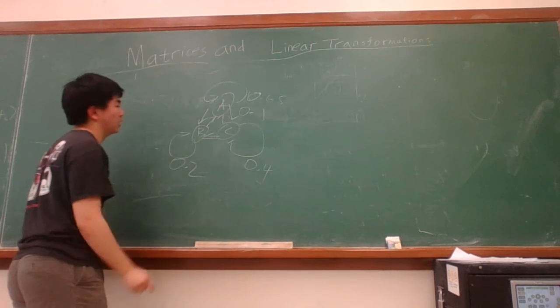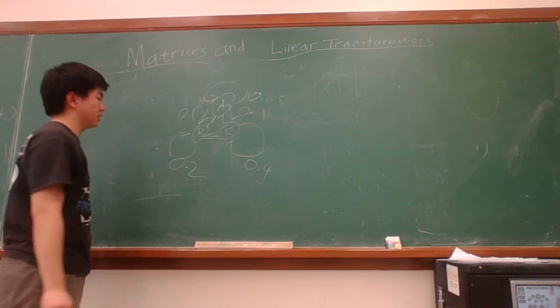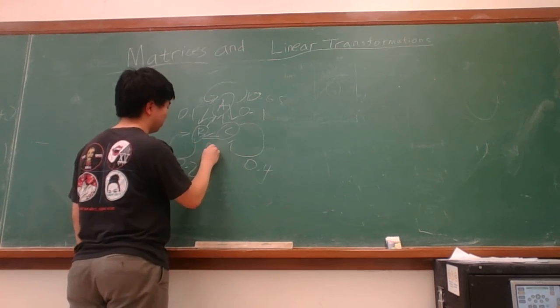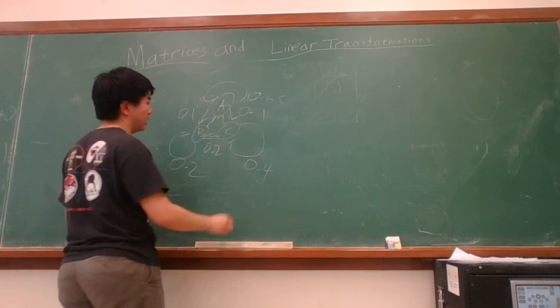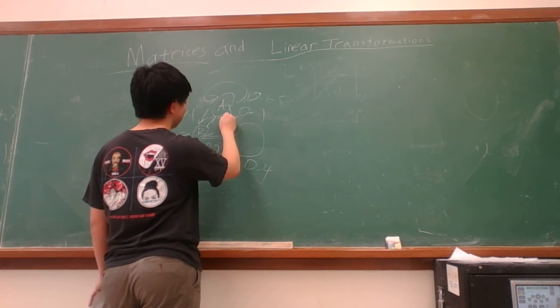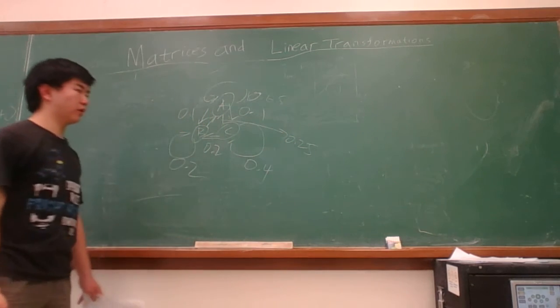And from A to C, it's going to be 0.1. And then from C to B, it's going to be 0.2. And from C to A, it's going to be 0.25, so on and so forth.